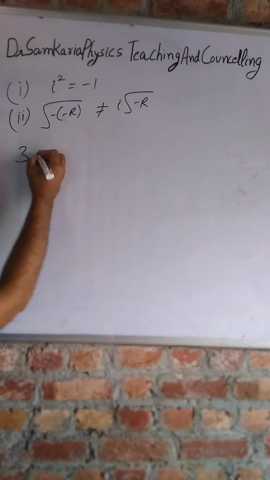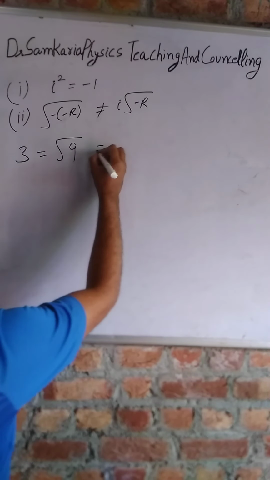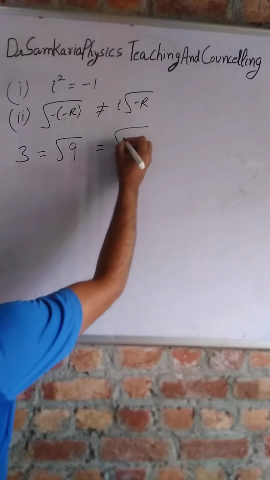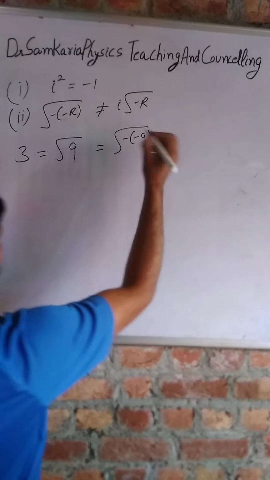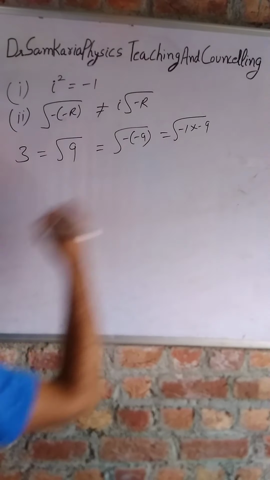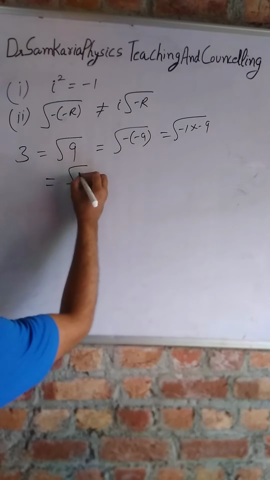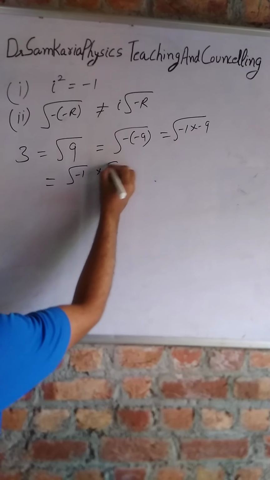We can write 3 as square root of 9. Now students, this square root of 9 can be written as square root of -9 times -1, or this can be written as square root of -1 into square root of -9.